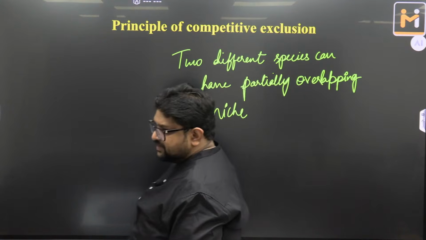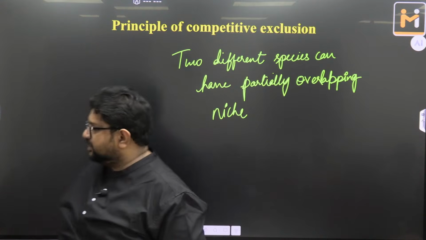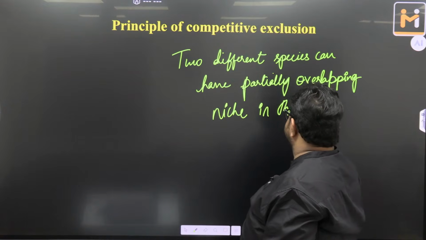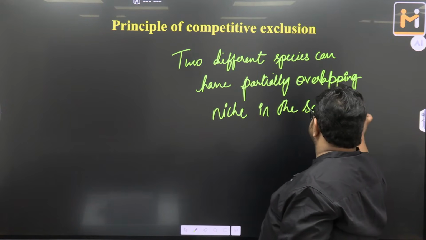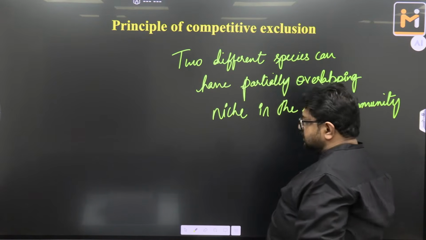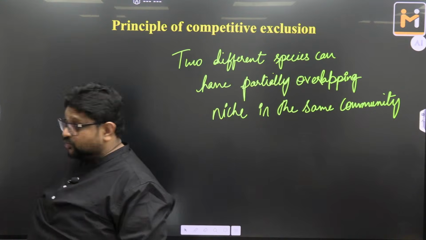Two different species can have partially overlapping niche in the same community, but never totally overlapping niche.